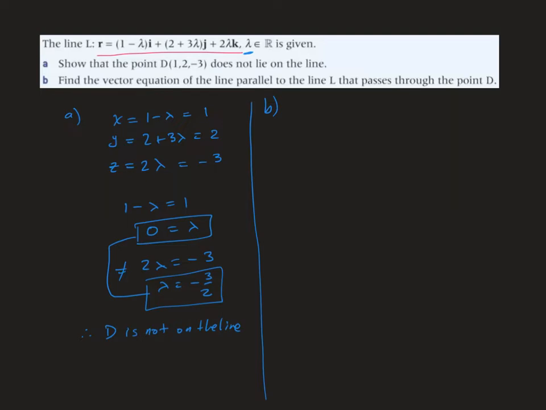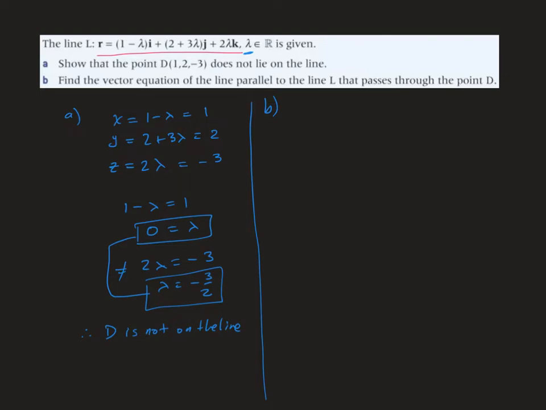Find the vector equation of the line parallel to the line L that passes through the point D. Now we want a line that is parallel to L that passes through the point D. So we need to find a line that goes in the same direction as this line L. So we want to identify from here what is the direction vector.